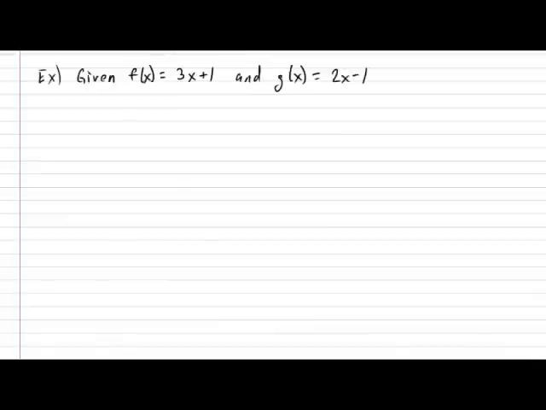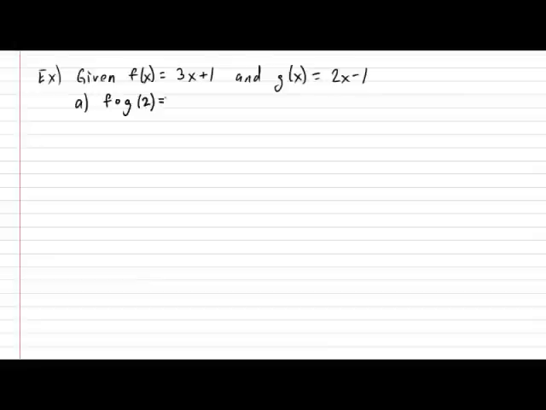Now, using these two functions, question A, I would like you to calculate the following. What is the value of f of g of, how about 2? Go ahead, pause the video and try it now.